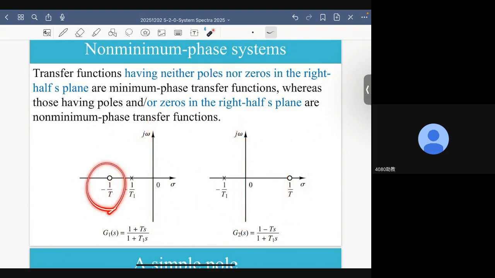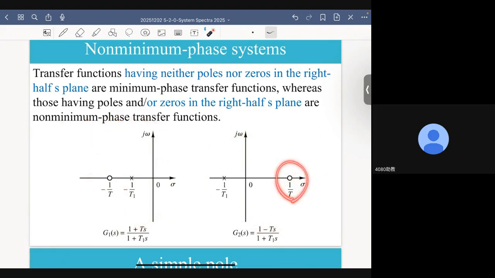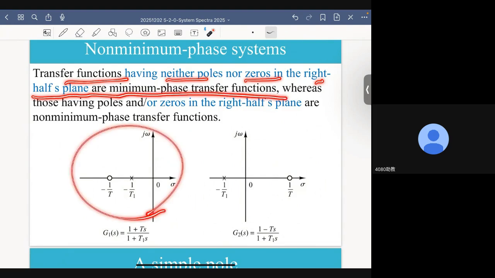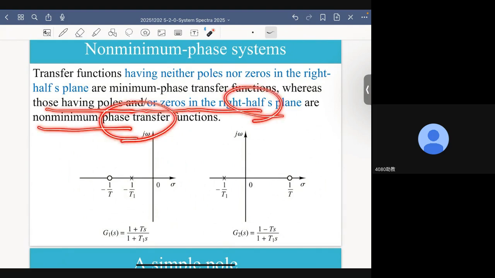However, for this system, the zero is located on the left-hand side of the s-plane, and for this system, the zero is located on the opposite side of the s-plane. Transfer functions having neither poles nor zeros in the right-hand s-plane are minimum phase transfer functions. So this is a minimum phase system, whereas those having poles and/or zeros in the right-hand s-plane are non-minimum phase transfer functions.